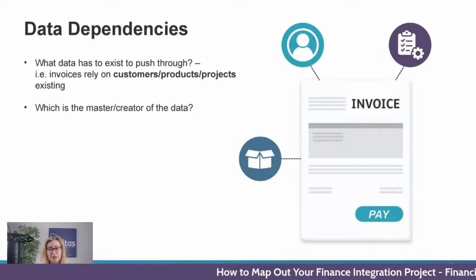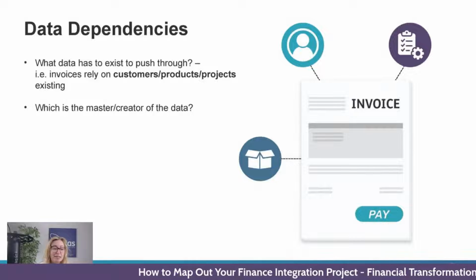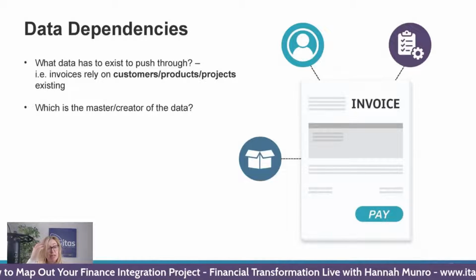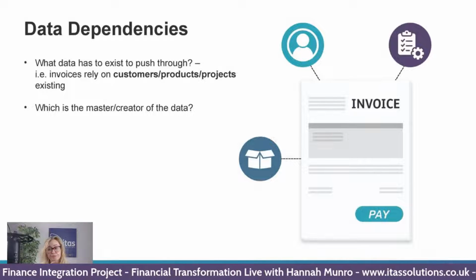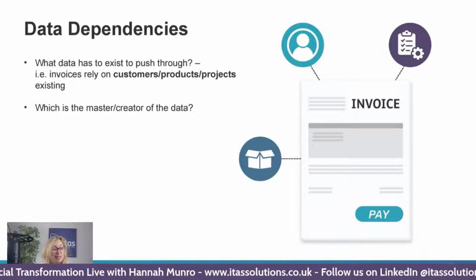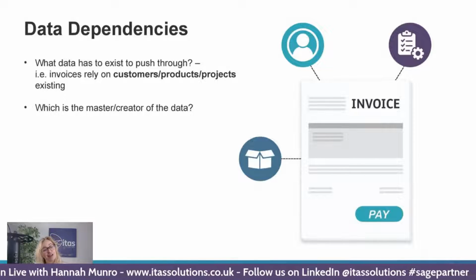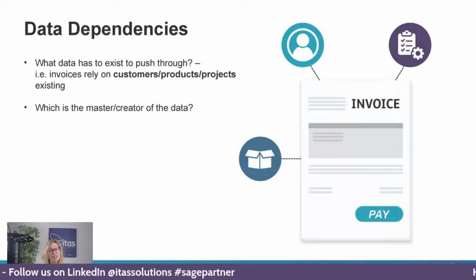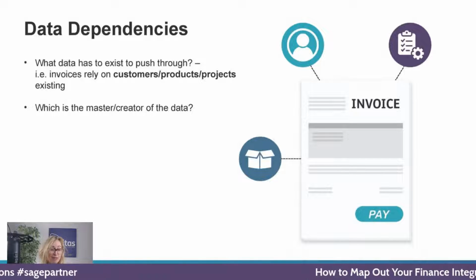So they might have fields about industry, etc., being maintained by the sales team in CRM or the marketing team. But you will have obviously your financial fields like credit limits, etc., being maintained in your finance system. So thinking about master data sets, direction of travel, and understanding that direction of travel is really important when you're thinking about an integration.